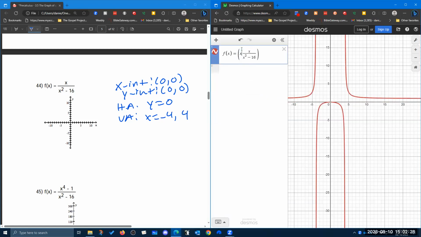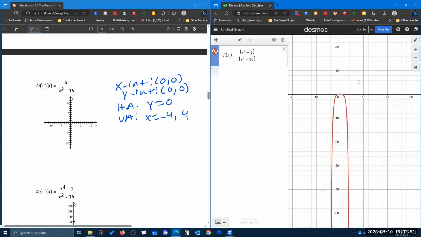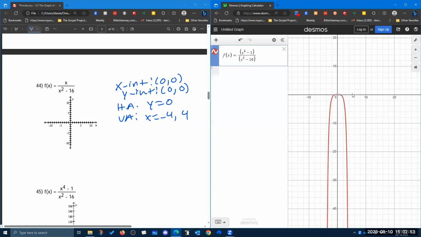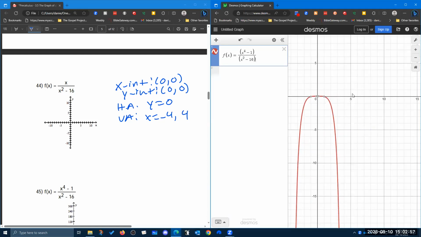Now we've got x to the 4th minus 1 divided by x to the 2nd minus 16. So we have vertical asymptotes now at -4 and +4.